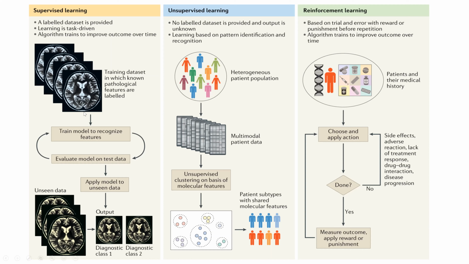In the case of unsupervised learning, when no proper dataset has been provided and we need to predict the possible outcomes, then we use this technique. In case we know the medical history of the person, then we can use the third type, which is reinforcement learning.